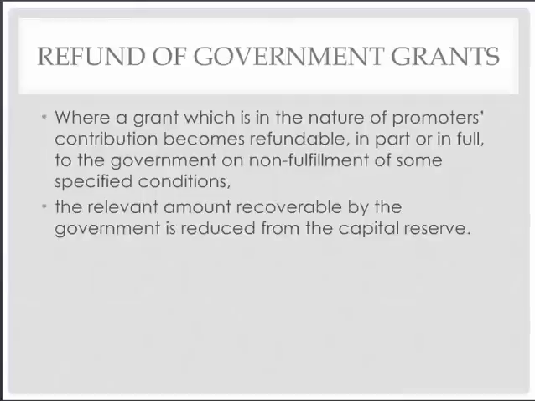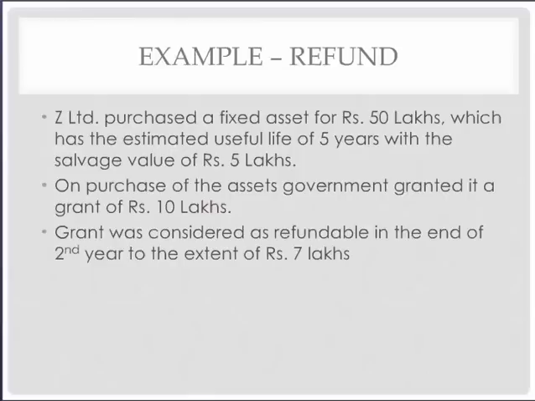Now, let us take an example and try to understand the journal entries which you will book in case of refund of government grant. Students, let us take the same example where Z Limited purchased an asset of 50 lakhs having salvage value of 5 lakhs and useful life of 5 years, where government grant received was rupees 10 lakhs.